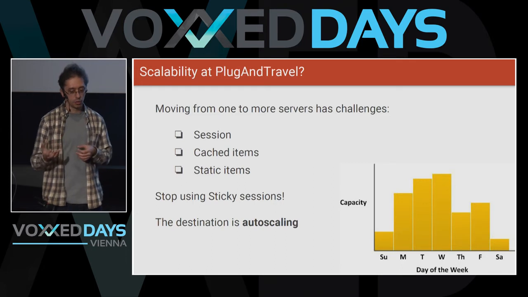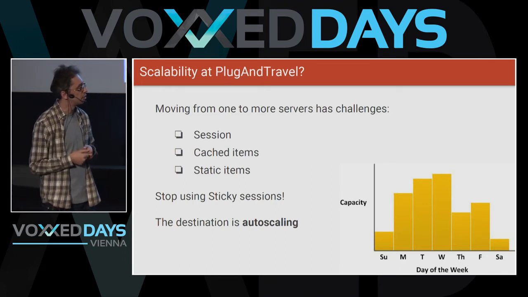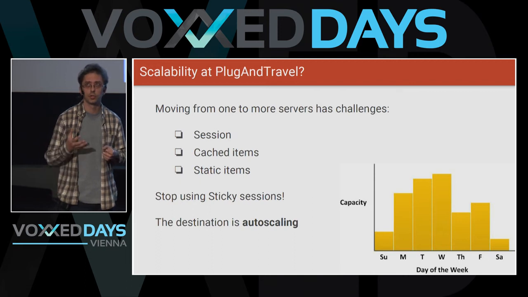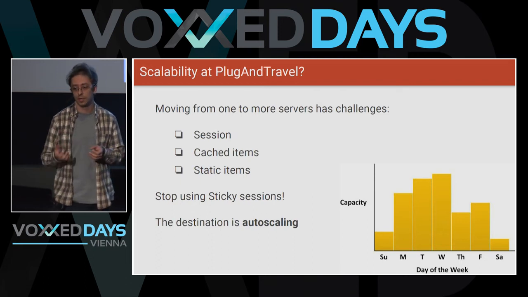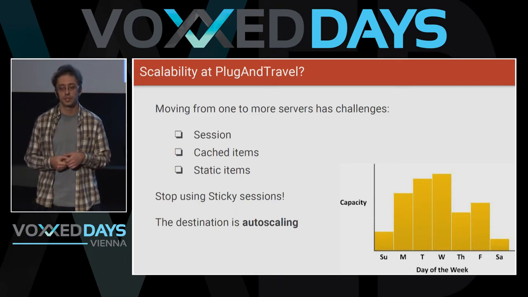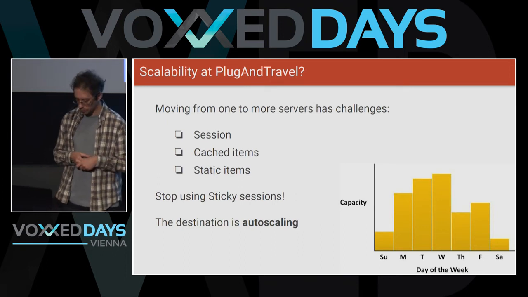Those might not go into session, but you still need to save them in the application memory. And the static items, I'm referring to things you load when your application starts. You probably have some static things that you want to load and not ask for every time from your application, so it will go faster.